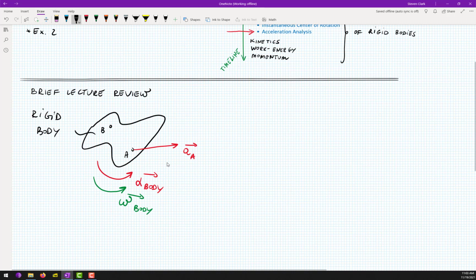So these are our knowns: AA, alpha body, and omega body. Plus we always know geometry, so we also know this vector, RBA.